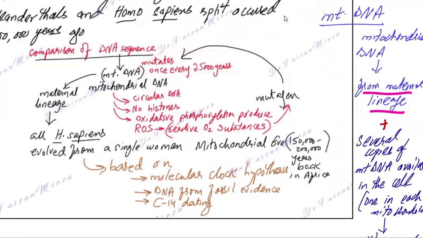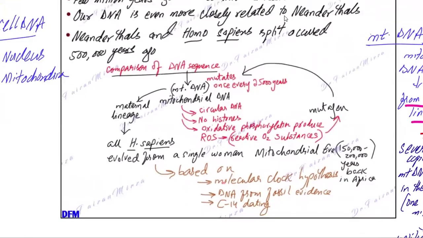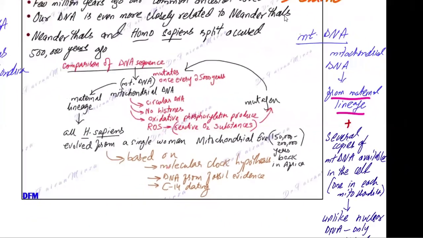Unlike that, nuclear DNA mutates randomly because there are a lot of random mutations going on. The variation that has accumulated in mitochondrial DNA is very small, and it can be used as a source to study how the evolutionary links work.